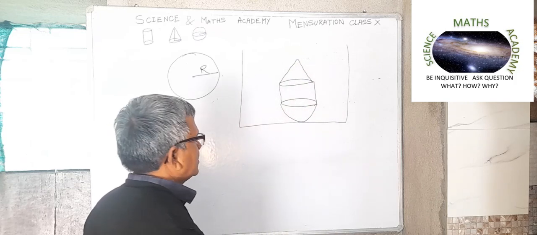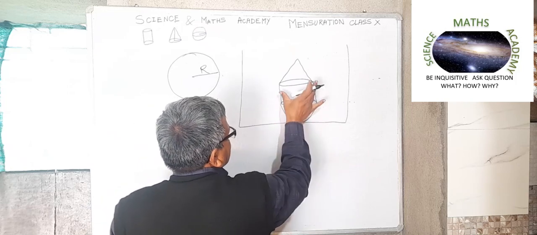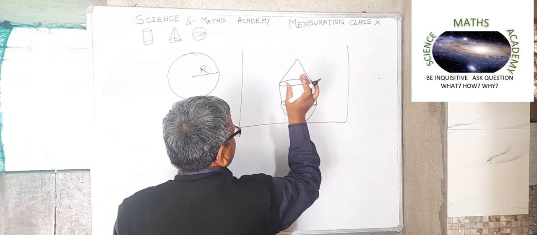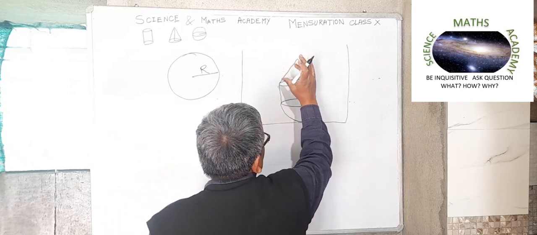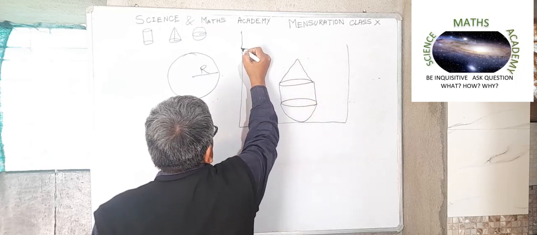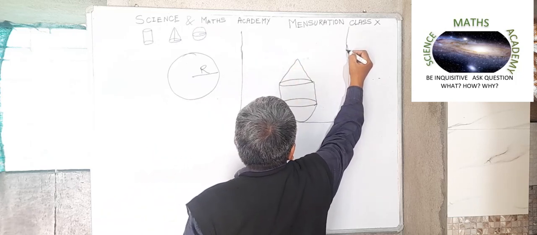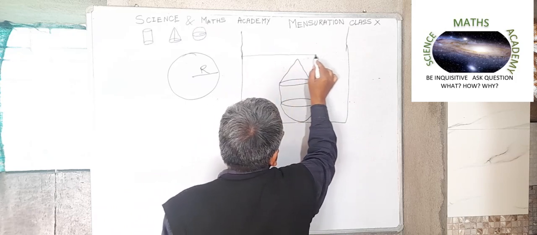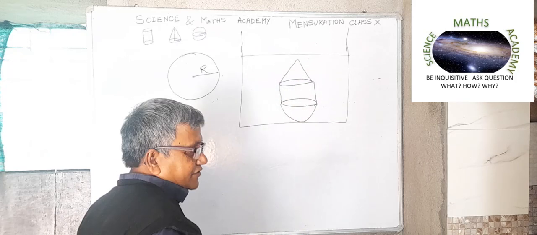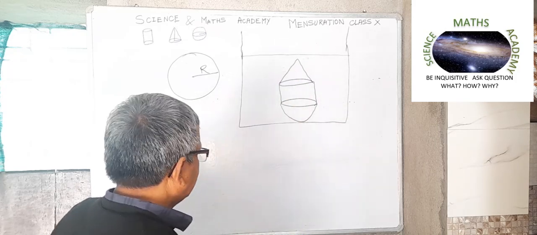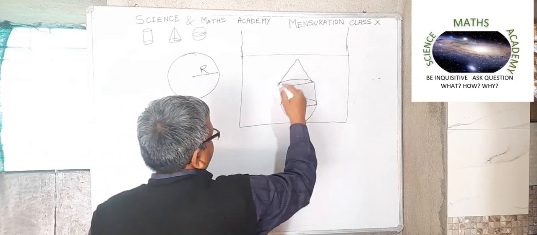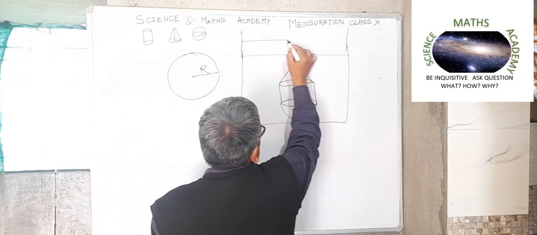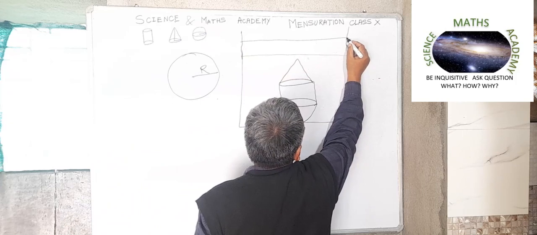I have taken this. This part is hemisphere, this part is cylinder, and this part is cone. Now water was there. After immersion of this, the water level rises to this.